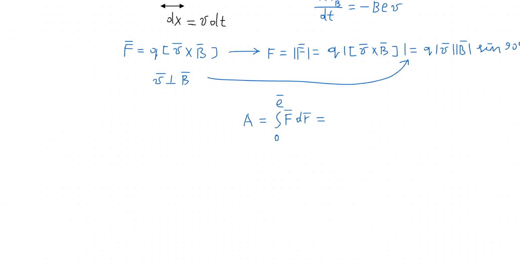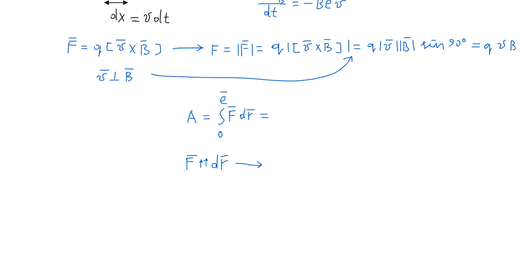So vector F has the same direction as displacement vector dr, and this means that scalar product F dr is equal to absolute value F multiplied by modulus of displacement vector dr, multiplied by cosine 0 degrees.